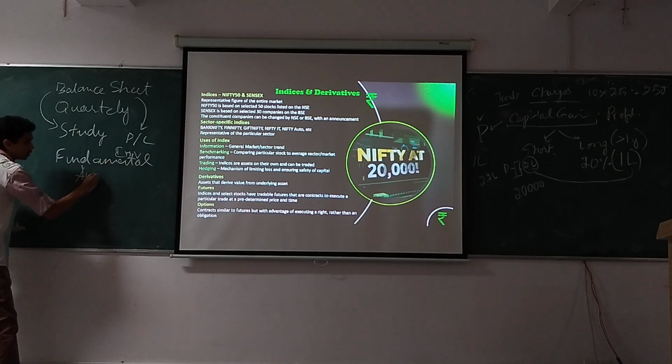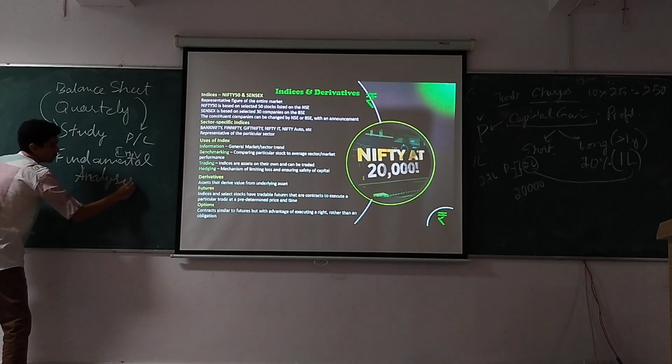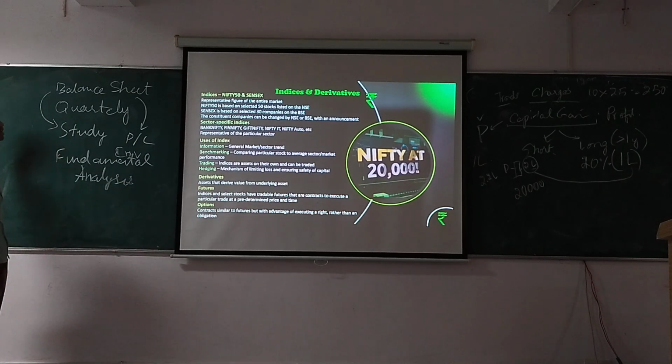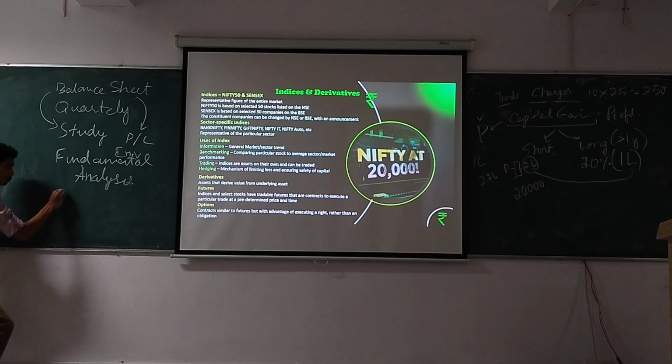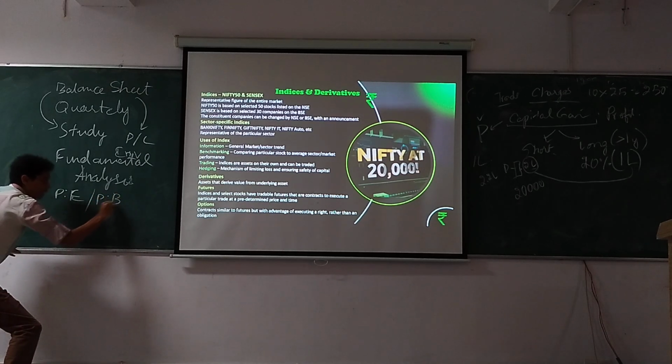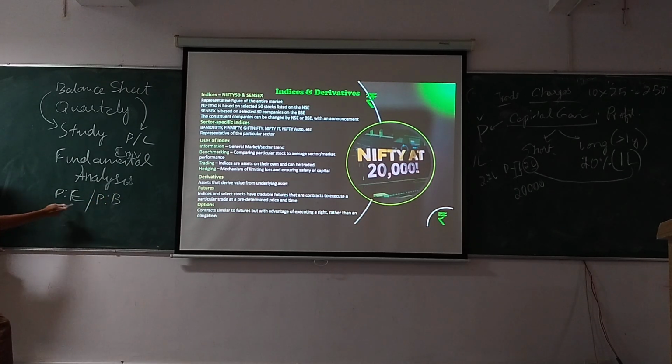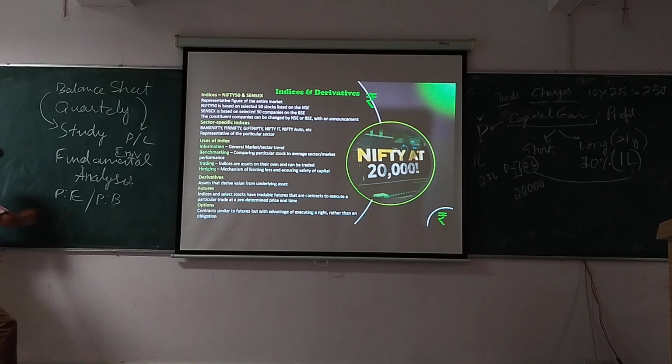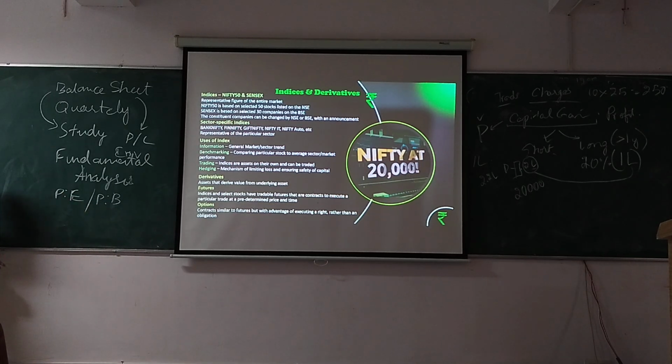This has many components like the P/E ratio and the P/B ratio. This is the price to earnings ratio, price to book ratio. There are many ratios, many values. All these come under fundamental analysis.